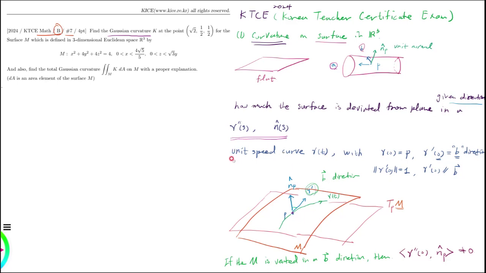Okay, let me say that this is a unit speed curve here. We have to reparameterize the curve if it is not a unit speed curve.